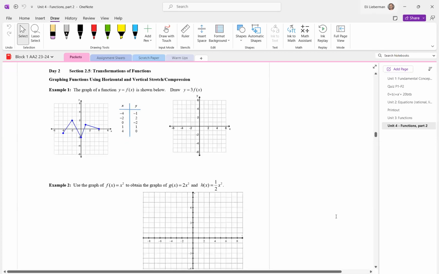Oh, yes, Mia? Select all that apply. I'm not sure about what. Oh, it had stretches and compressions. Reflections of value. We did not do that. Definitely, yeah.